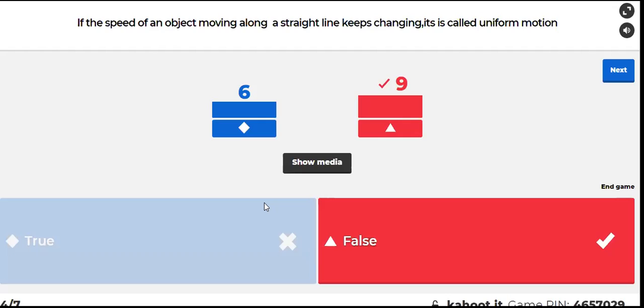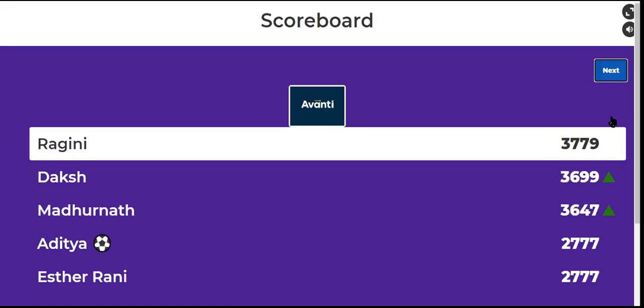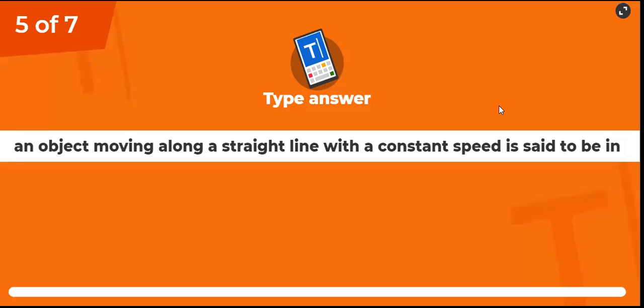It is non-uniform, right? It keeps changing, so it is non-uniform. Yes or no? This is what we have discussed. Same speed, uniform. Different speed, non-uniform. Okay? Right, Aditya?